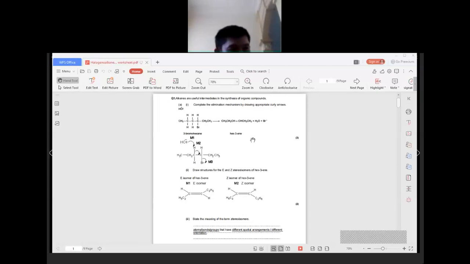All of you already know the mechanism. I have told the mechanism frequently for nucleophilic substitution and also for elimination. I hope you still remember halogenoalkanes becoming amines, alcohols, and alkenes.